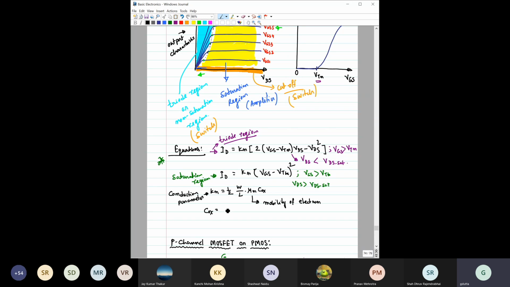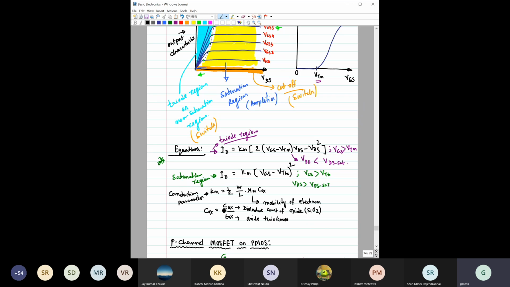And the Cox is basically epsilon ox by T ox. So epsilon ox is the dielectric constant of oxide. This oxide is primarily silicon dioxide, so far we are using, and T ox is the oxide thickness that we have already mentioned a couple of times, right?